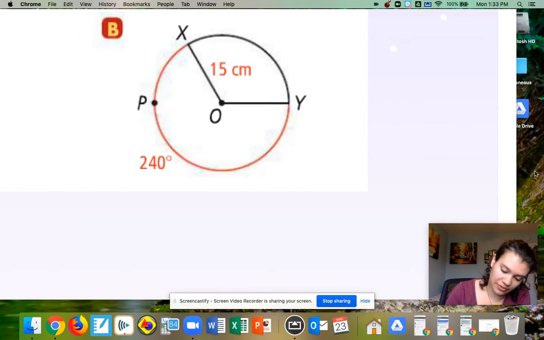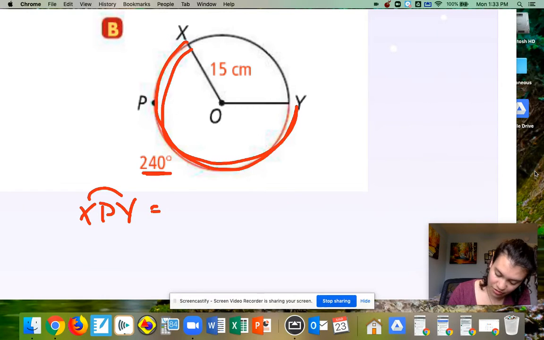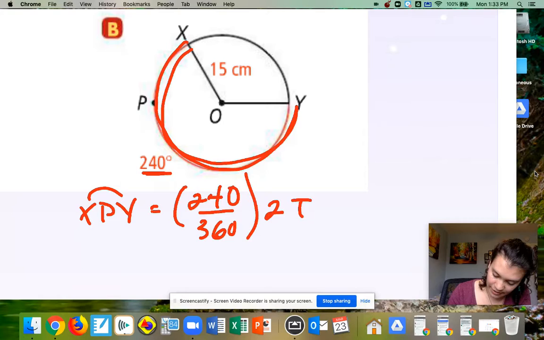All right, this one we want to find this arc. This one is going to be a major arc because it's greater than 180, so to name it, we need 3 letters. So I'm going to say this is arc XPY. You also could do YPX, it doesn't really matter. Here our measure is 240, so you want 240 divided by 360 times 2 pi, and then our radius here is 15, so times 15.